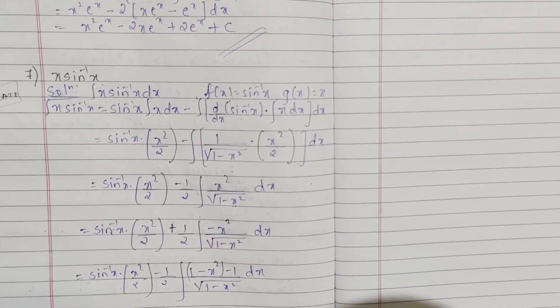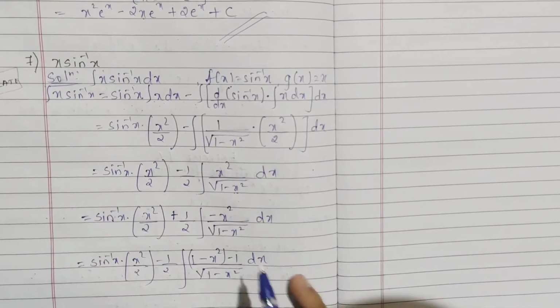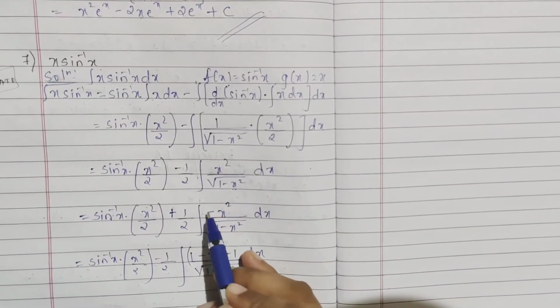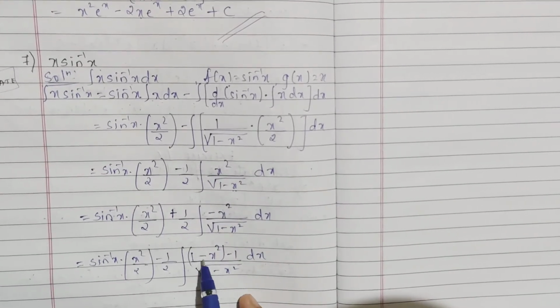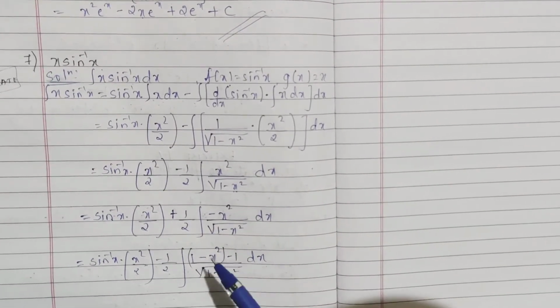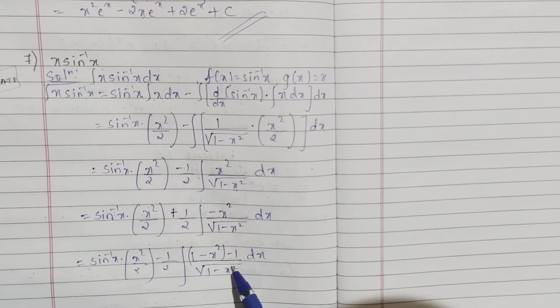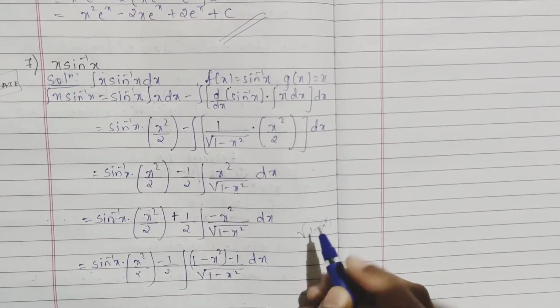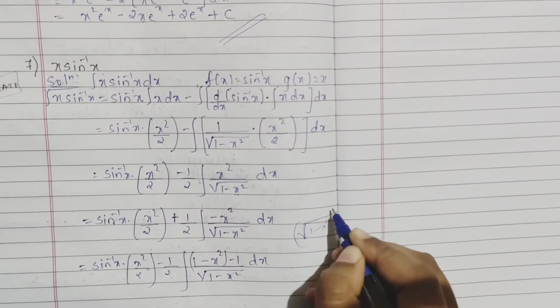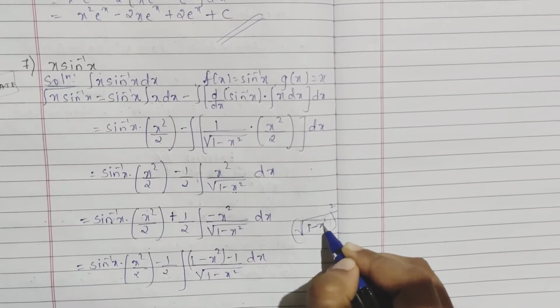So now to make it same like denominator, I want 1 minus x square, so I'll add and I'll subtract 1 for your numerator. So which I did, 1 minus x square minus 1, so that now this upon this upon this I can do, and here 1 minus x square I can write it as root square, right, root 1 minus x square whole square.